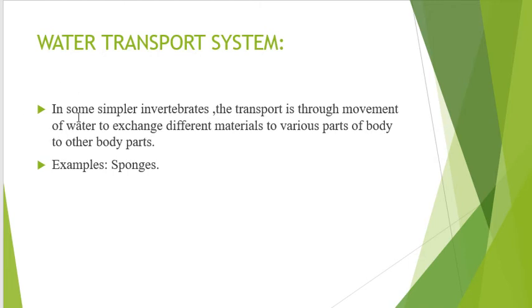The water vascular system or water transport system is present in some simpler invertebrates, and it transports materials through the movement of water to exchange different materials to the various parts of the body. In this system, water is responsible for transportation of materials inside the body, and it is found in sponges.